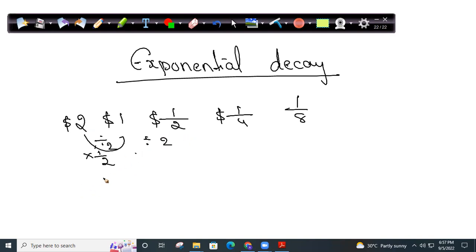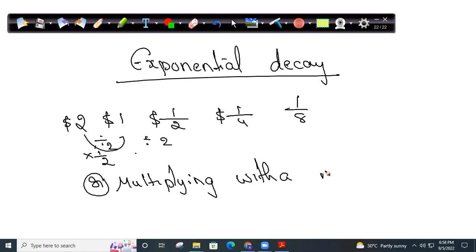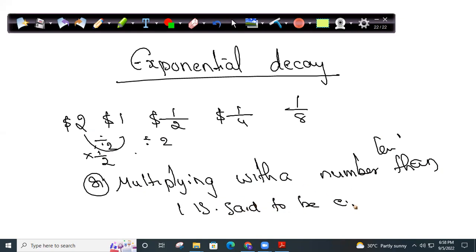If I'm dividing by a number, or multiplying by a number less than 1, that is said to be exponential decay. Okay, clear? Now let me tell you how SAT will ask you questions based on this.